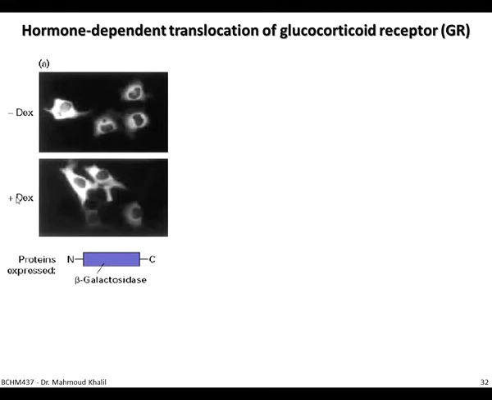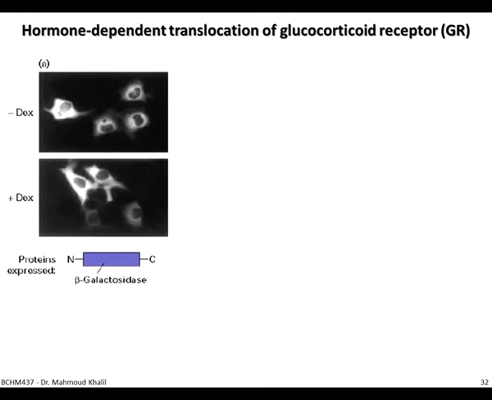So this is a control experiment showing that beta-galactosidase is localized in the cytoplasm whether or not we use a steroid signal, because beta-galactosidase is not a nuclear receptor, so this DEX will not bind to it.